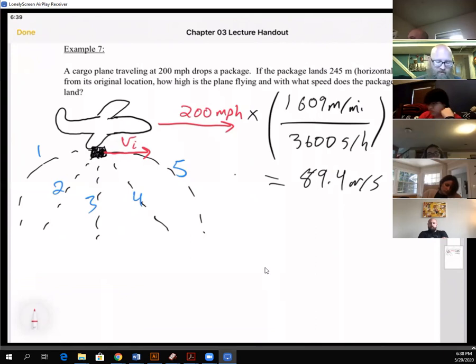When you throw something out your car window, which you don't do because that would be irresponsible, it doesn't go backwards. It goes backwards relative to you because of the air outside, but it's actually still going forward. If you watch someone throw something out of their car from outside the car, it bounces in the direction that the car was going. So 5 is the path that this is going to take. This is half of a parabola for projectile motion.